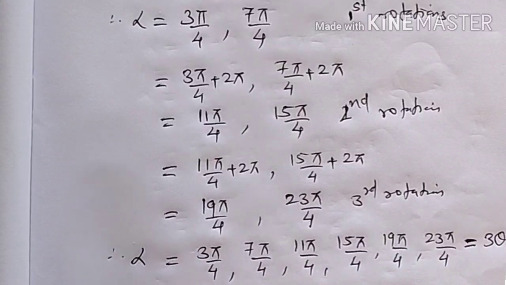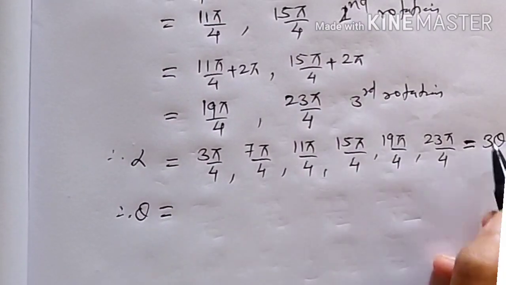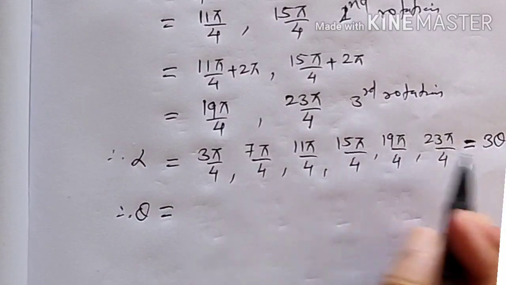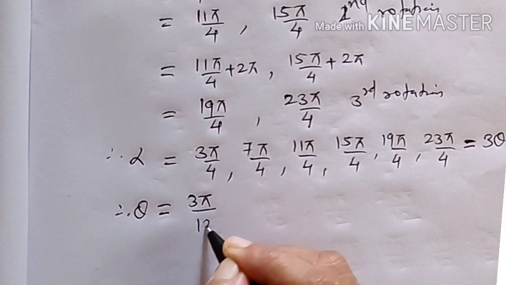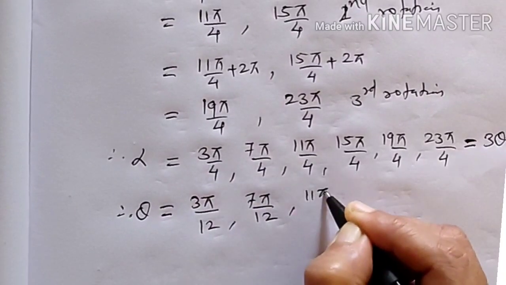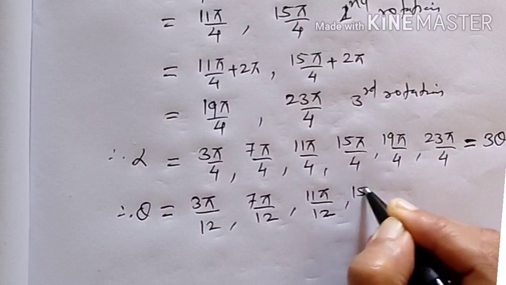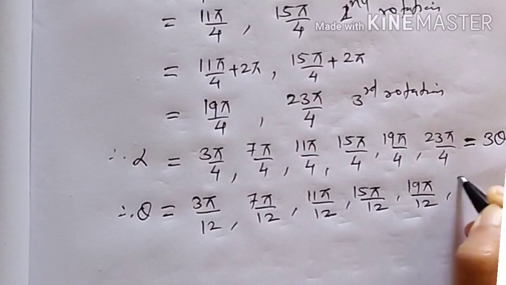Therefore theta is obtained by dividing all these values by 3. So we get 3 pi by 12, 7 pi by 12, 11 pi by 12, 15 pi by 12, 19 pi by 12 and 23 pi by 12.